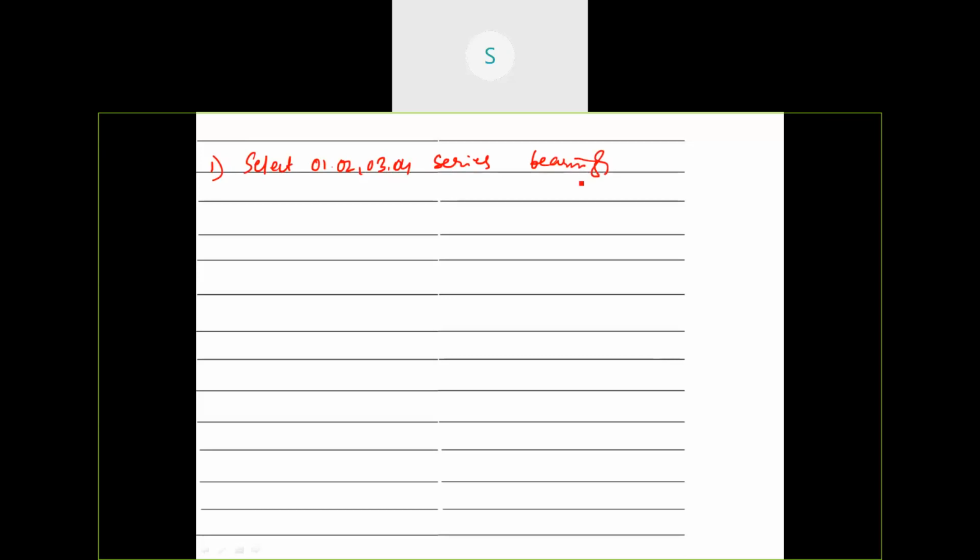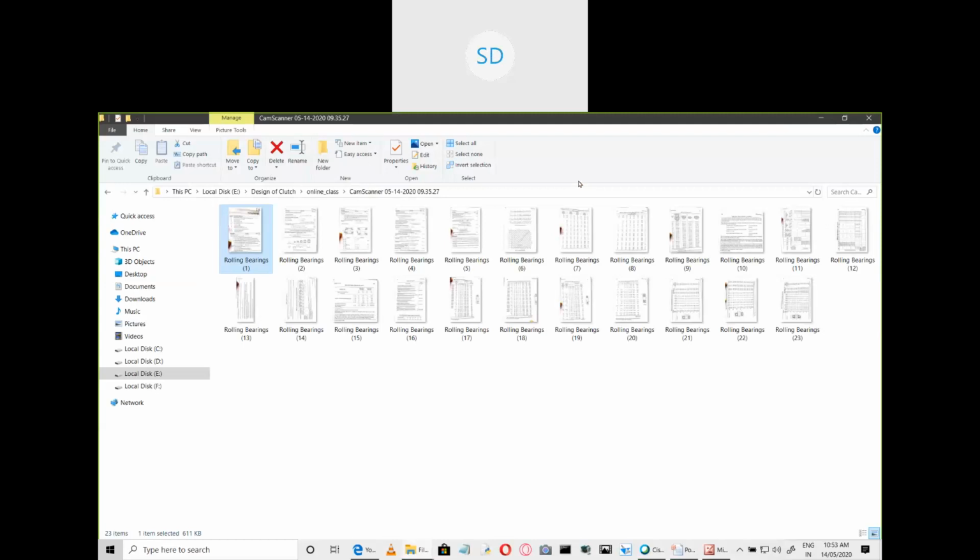Now 01, 02, 03 and 04 are the bearings which are used for different load purposes. For your understanding, I'll just open a diagram here.